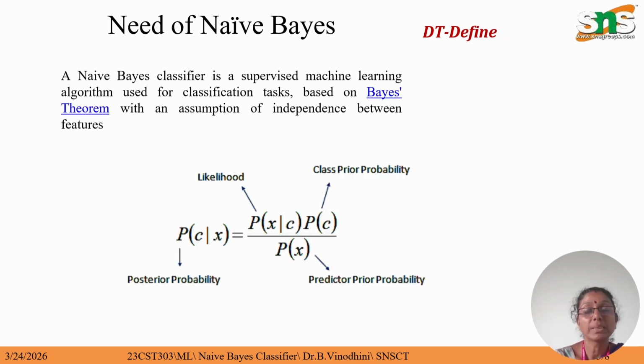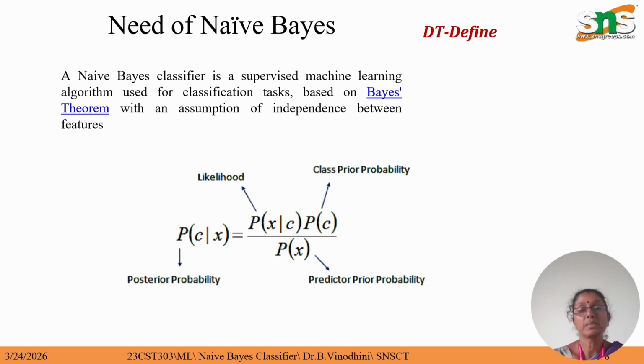After that, first we have to understand what the naive Bayes classifier is. It is a supervised learning algorithm. It is a classification model based on the Bayes theorem, working with the assumption of independence between features.